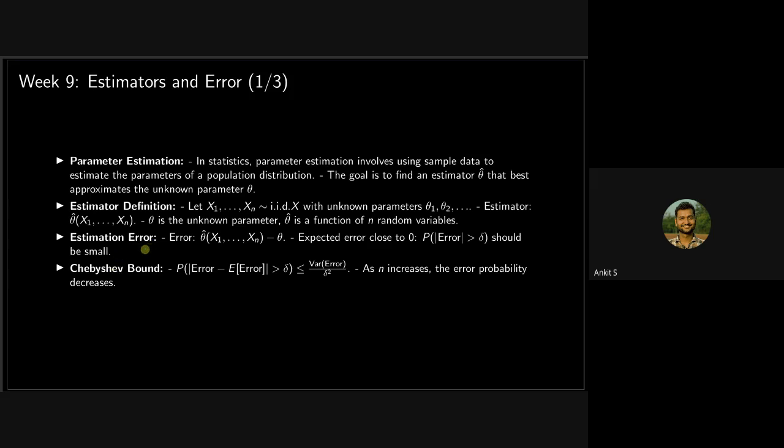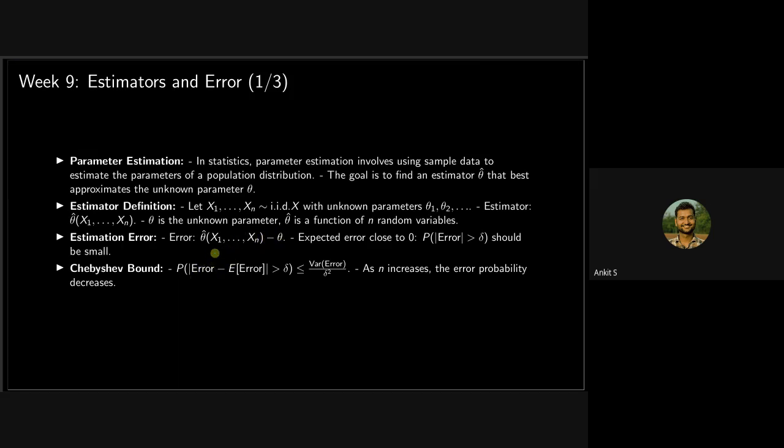For that, we have a lot of measures. For example, we have estimation error, that is simply the estimator minus theta. How much does your estimate deviate from the actual parameter?